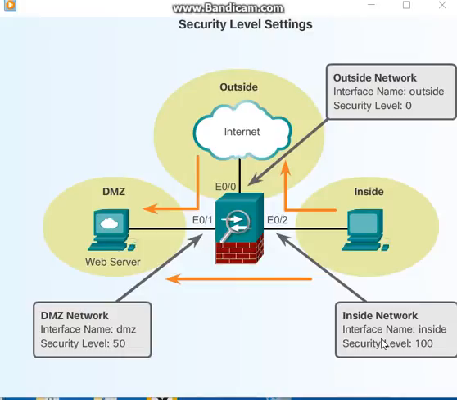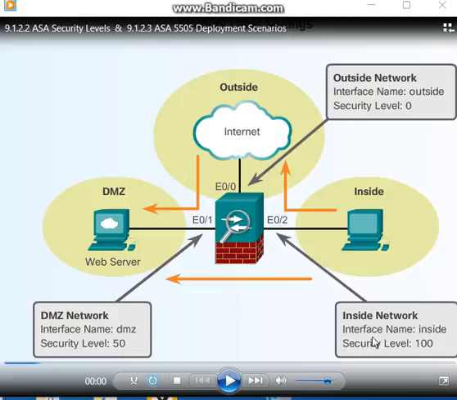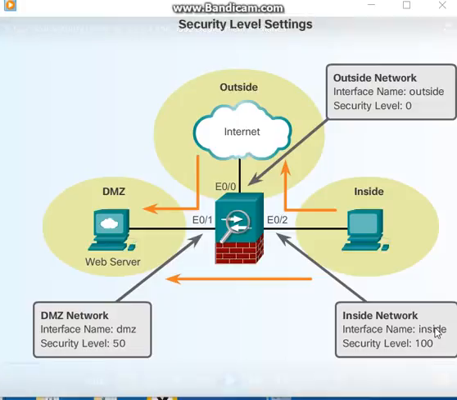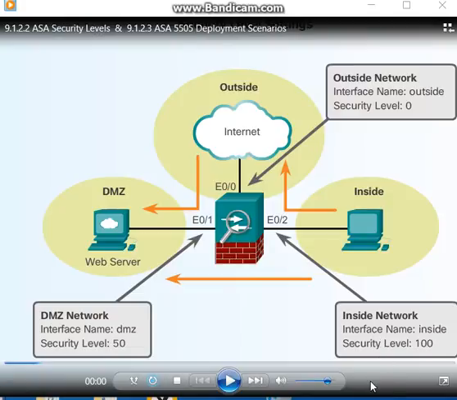The security level numbers range between 0 and 100, 0 being untrustworthy, and 100 being very trustworthy. Each operational interface must have a name and a security level from 0 to 100 assigned.